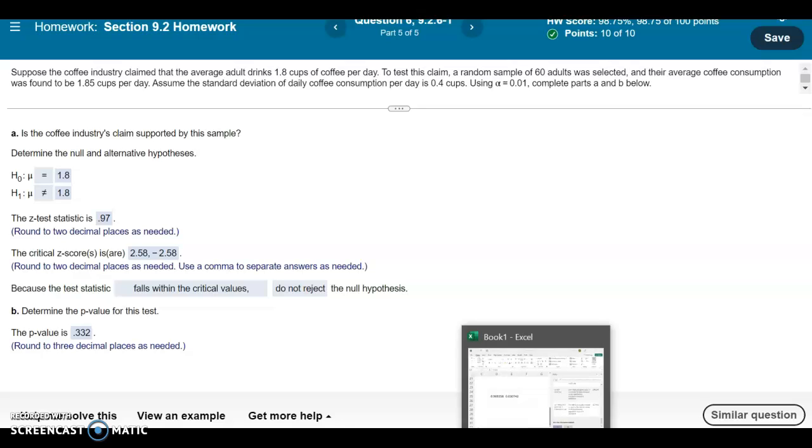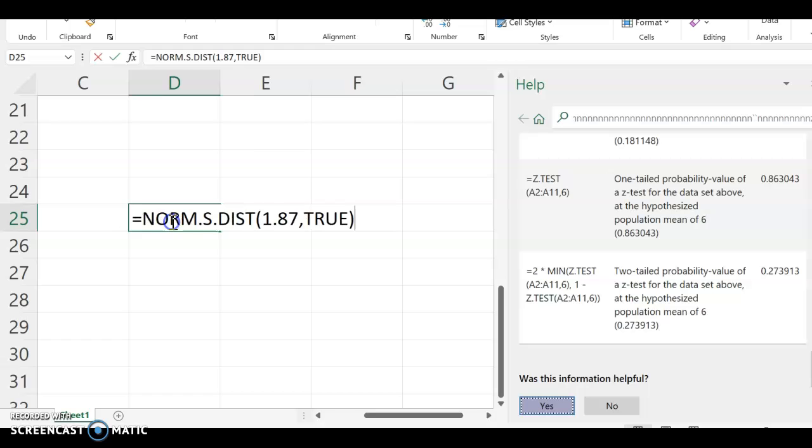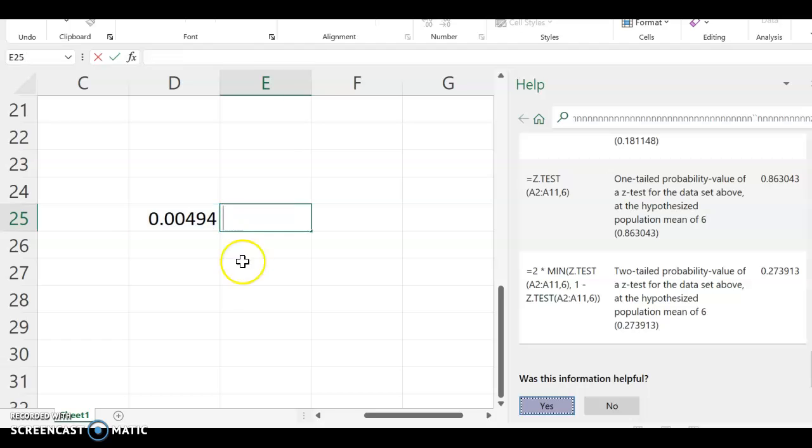To get your p-value, what you could do is use the negative one, because then we don't have to subtract. So let's do the negative 2.58. Now, what we need to do is, it's a two-tailed test, so we need to say 0.005 times 2.